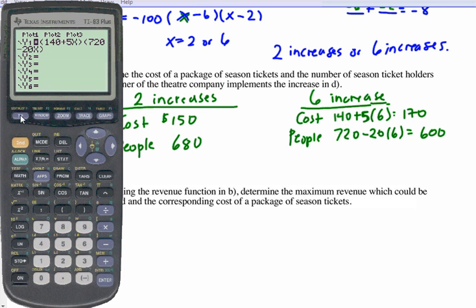If we graph that and it looks weird, we can change our X's. We're really high up. If we change our X scales to negative 100 to 100, see what it looks like now.